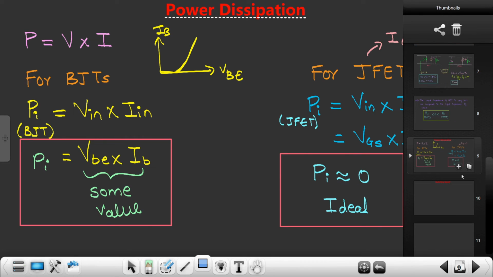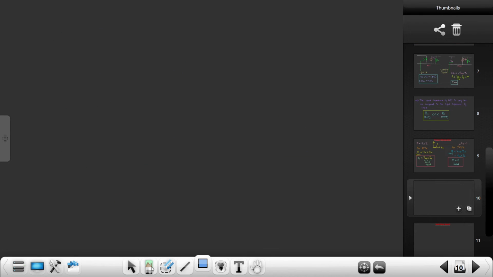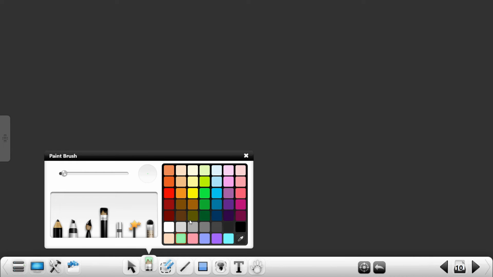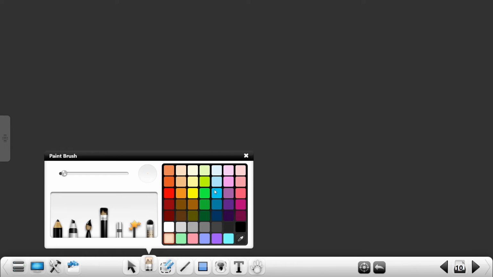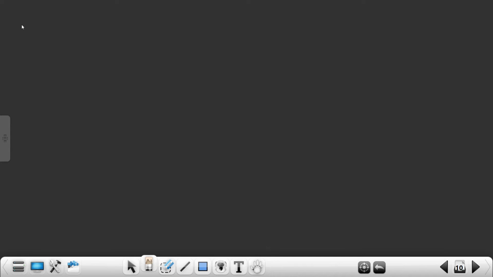Great. For that I'll need one more slide. So the heat generated by BJTs, or generation of heat, would be much larger.